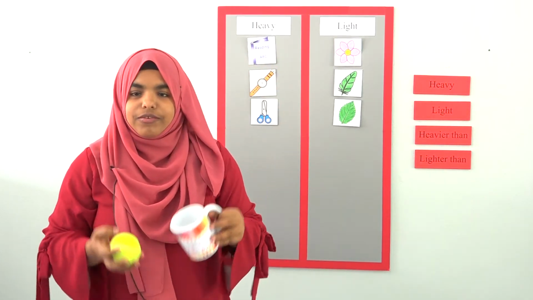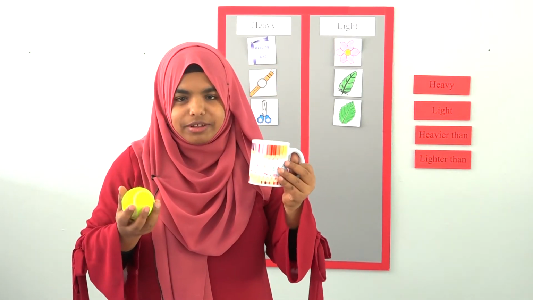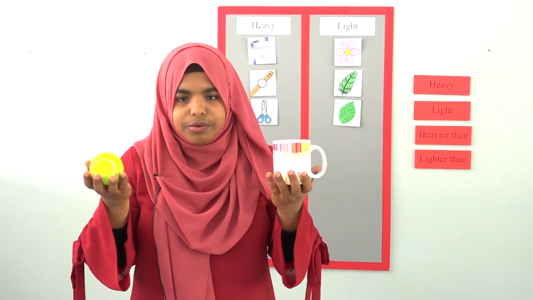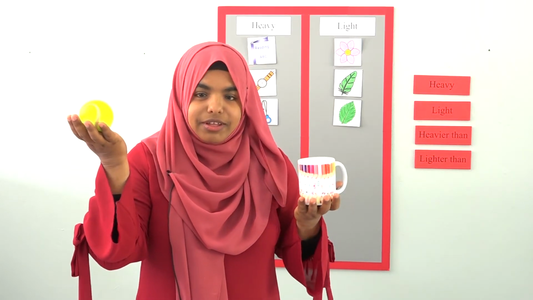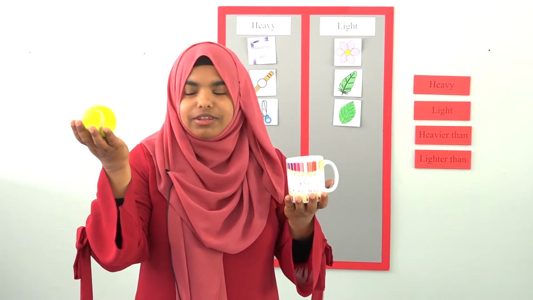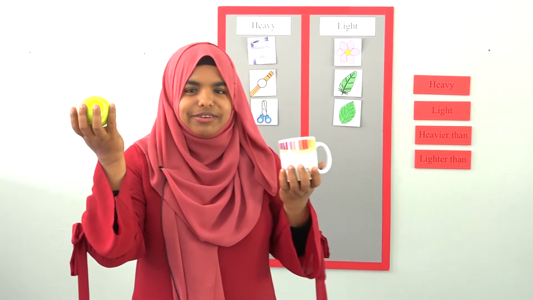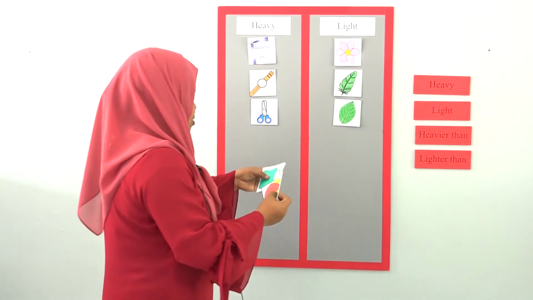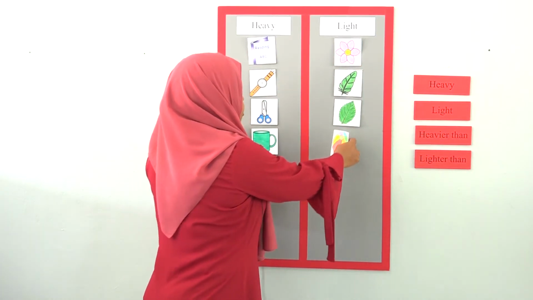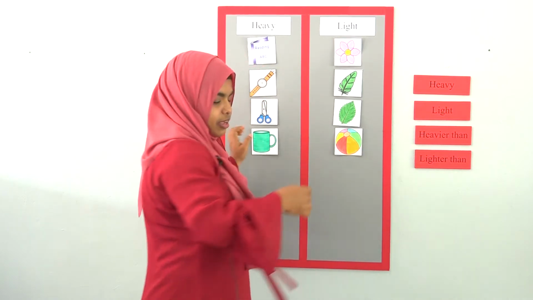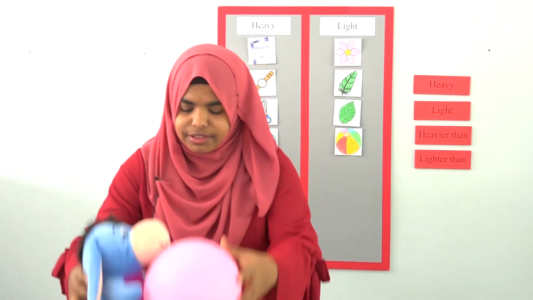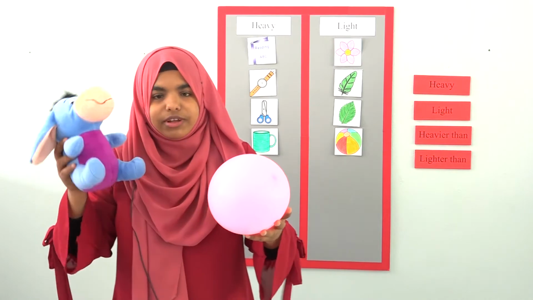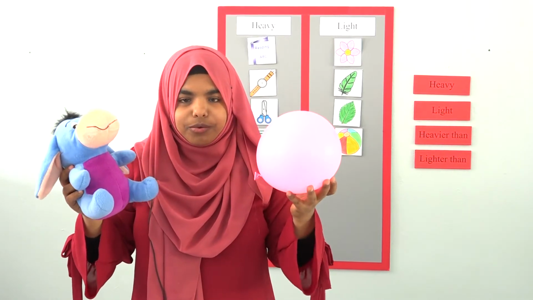Next, I have a bowl and a mug. What do you think? Which one will be heavier now? Yes, it's the mug. The mug feels heavier than the bowl on my hand. Next, I have a soft toy and a balloon.